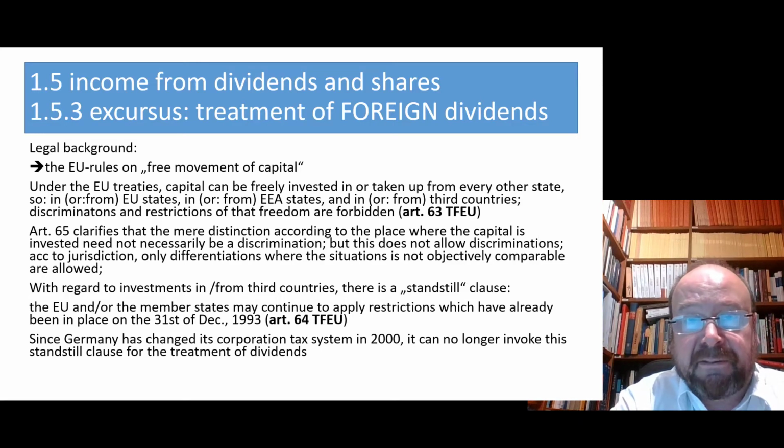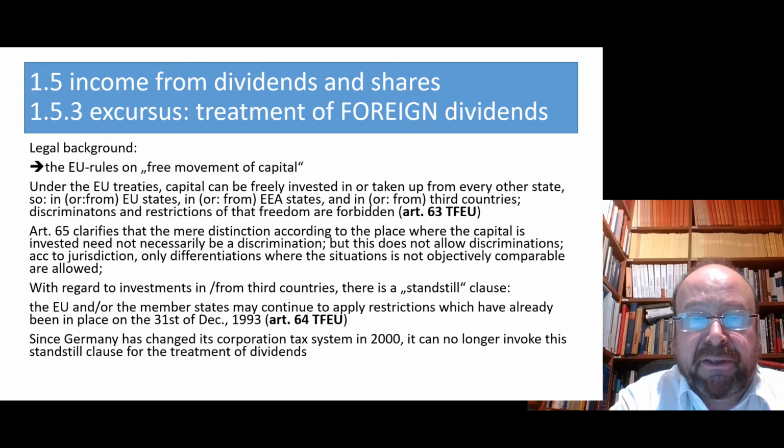So cross-border investments shall not be hindered. That means if you are an EU citizen or an EU corporation, you have under the treaties the right to invest your capital in every other EU state, in every other state of the European Economic Area, and even unilaterally granted, even in third countries. So no restriction on the free movement of capital.